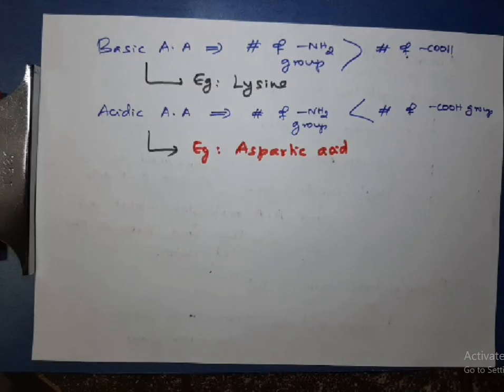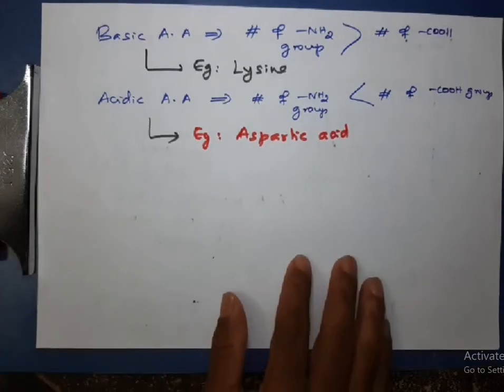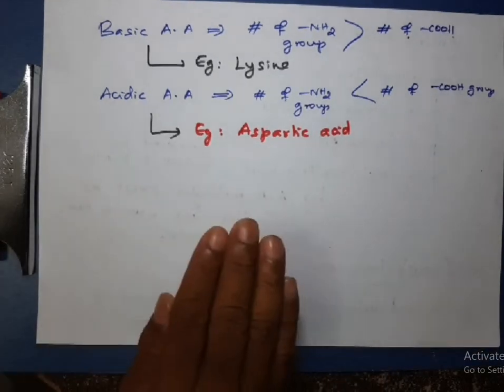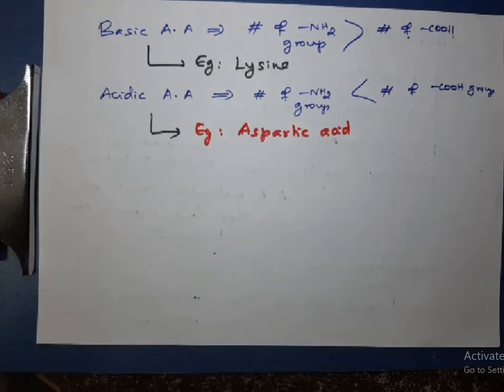So keep this in mind: the meaning of neutral amino acid, basic amino acid and acidic amino acid. Now, in order to understand isoelectric point, I'm going to choose a neutral amino acid first.